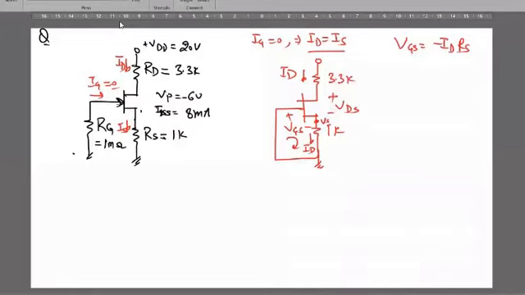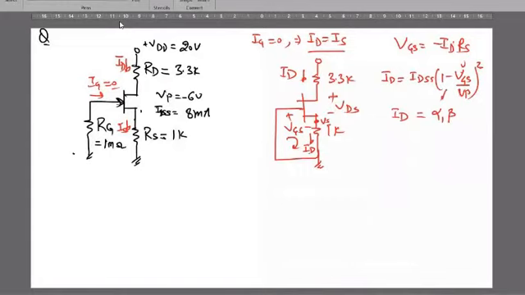ID equals IDSS times 1 minus VGS over VP, squared. If you put this value of VGS here, you will find a quadratic equation. In that case, you will find out the value of ID. There will be two values, alpha and beta, because this is a second order equation.